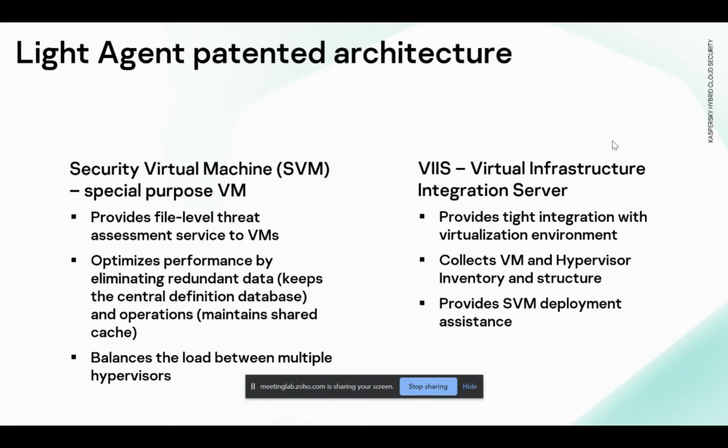But if you want to connect more light agents, you can increase the resources of the SVM, or you can deploy multiple SVMs to load balance. If you want the proper formula or guide for the number of light agents per SVM, you can find it in the administration guide, how to calculate the resources and the number of SVMs. It is mentioned in the administration guide of Light Agent for Hybrid Cloud Security.